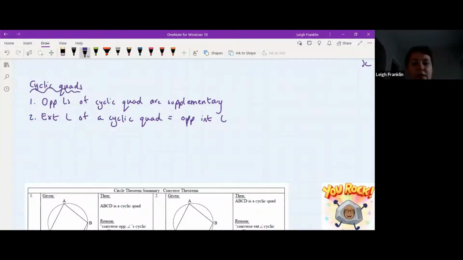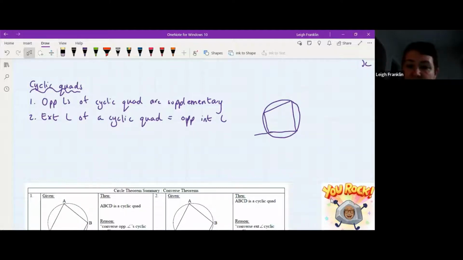So we spoke about this a little bit in our previous lesson, right? The opposite angles of a cyclic quad are supplementary, they add up to 180 degrees, and the exterior angle of a cyclic quad is equal to the opposite interior angle. As I was saying before, if you've got a cyclic quad, and I'm just drawing one here very quickly for us, in order for us to say that there's an exterior angle, it has to be one of the four sides that has been extended.